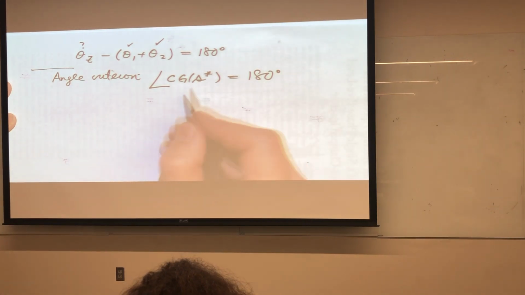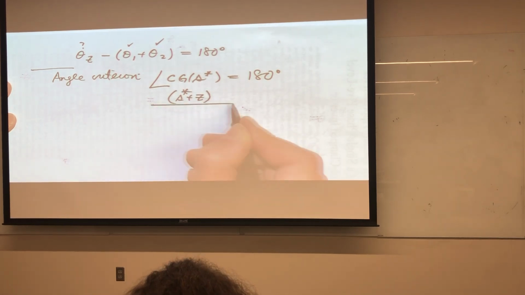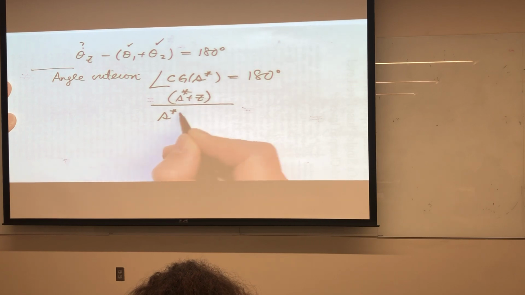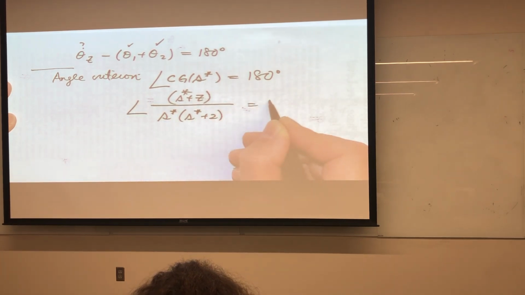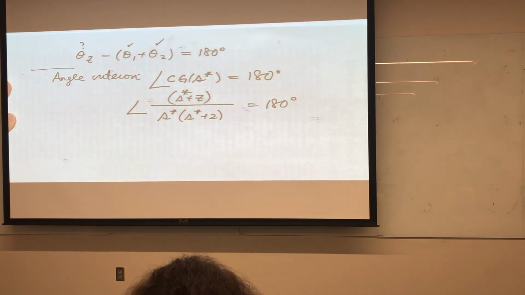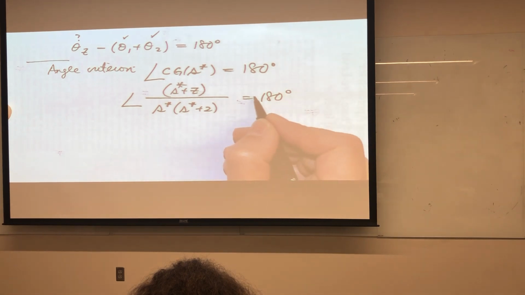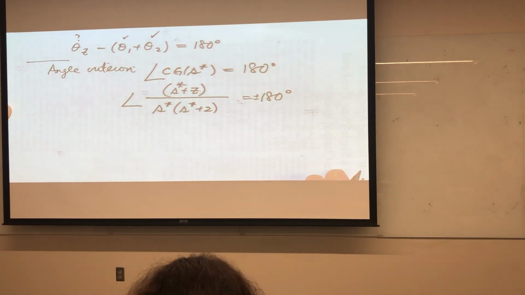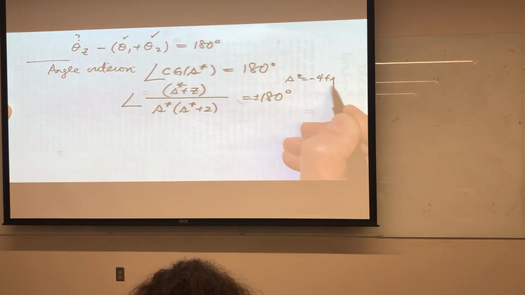That means the angle of s star plus Z, over s star, over s star plus 2, this angle has to be equal to 180 degrees. s star is equal to negative 4 plus j4.